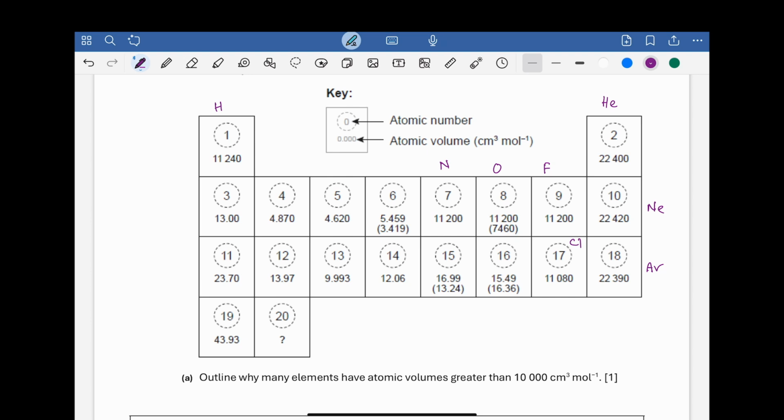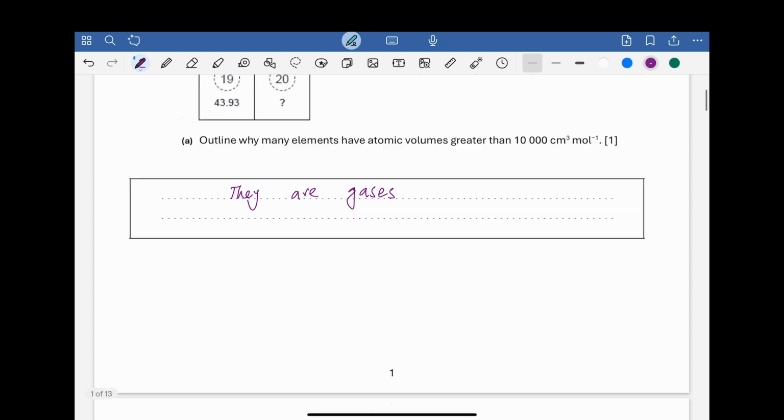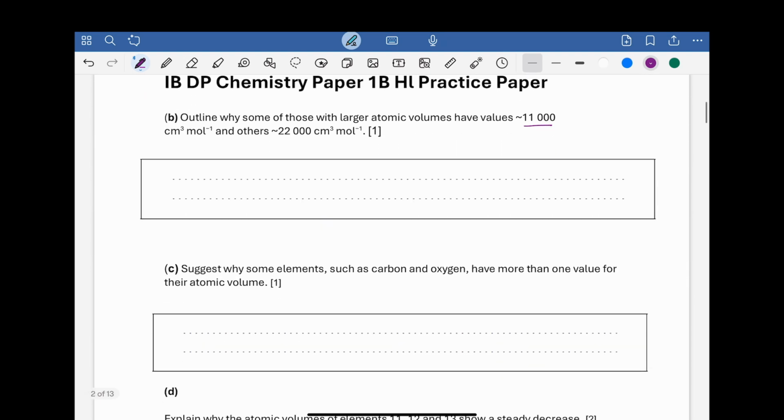So what's the reason? Nitrogen, oxygen, fluorine, and chlorine each exist as a diatomic, so they have about 11,000 centimeter cube per mole, and group 18 noble gases exist as monoatomic.